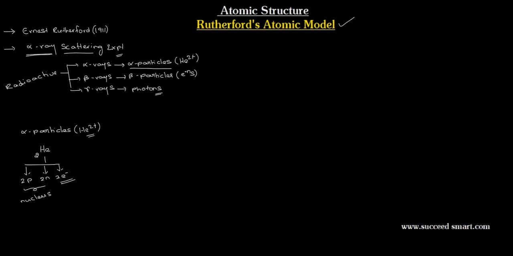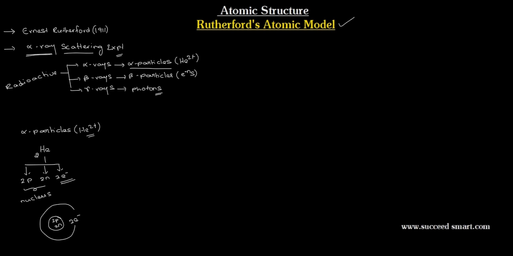In the geometrical representation of the helium atom, it contains a central region known as the nucleus containing 2 protons and 2 neutrons, and 2 electrons revolving around the nucleus.